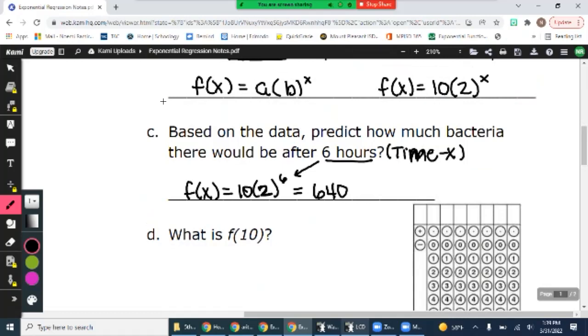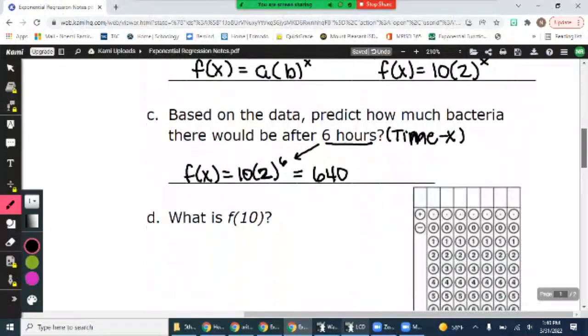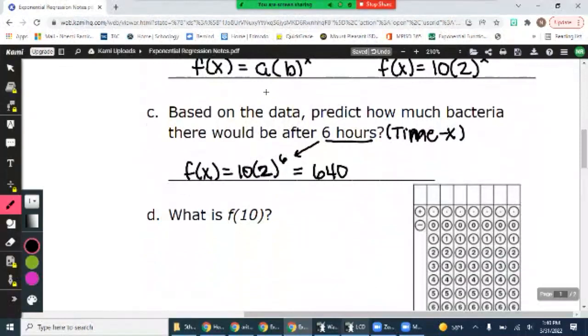640. Because this is a word problem, and we have titles on our table, x and y, more than likely your answer is going to require some type of description. So what? 640 milligrams of a medication? 640 bacteria.